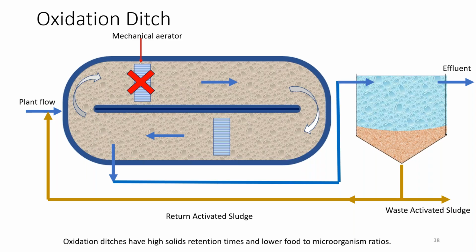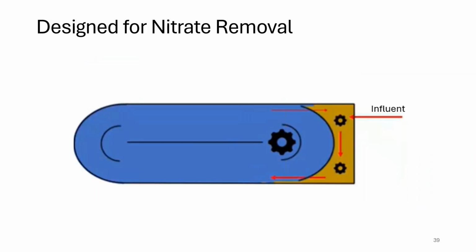We could shut it down periodically, or we could have it function on some kind of a SCADA system according to a downstream oxygen sensor, so that it runs out at a certain point. And the DO would run out, and we'd have only nitrate available, and create, in that way, an anoxic zone right in the oxidation ditch. And so that's one way to have nitrification and denitrification in the oxidation ditch.